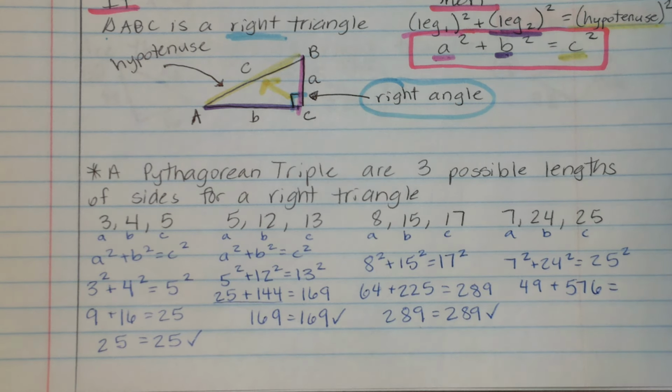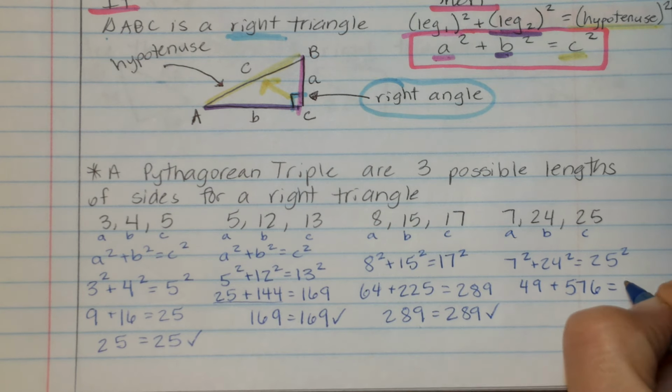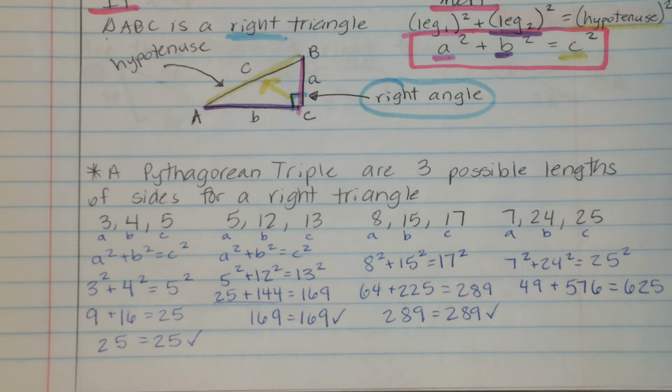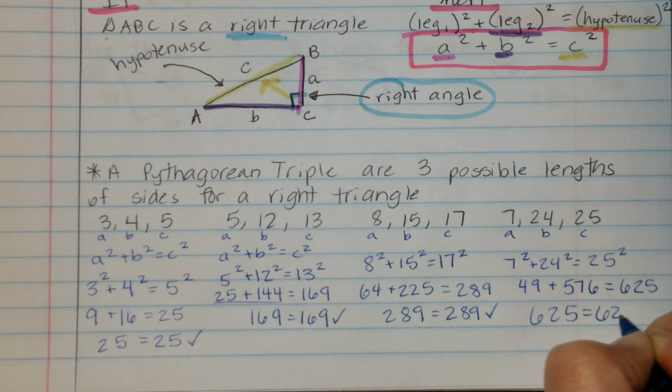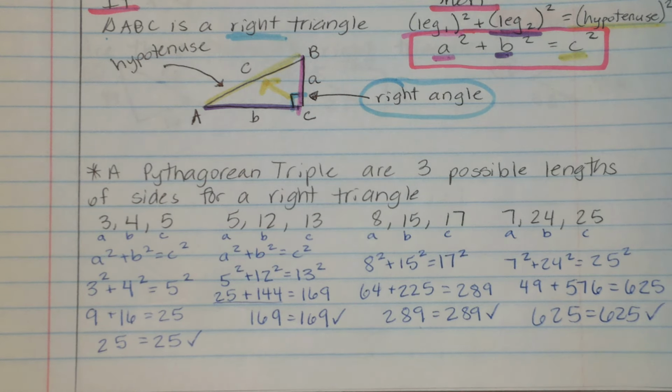And then 25 squared, whoops, is 625. Okay, and then I just have to combine those, and I'm going to double check it. So I'm adding it in my calculator, and it does equal 625. Okay, so check.